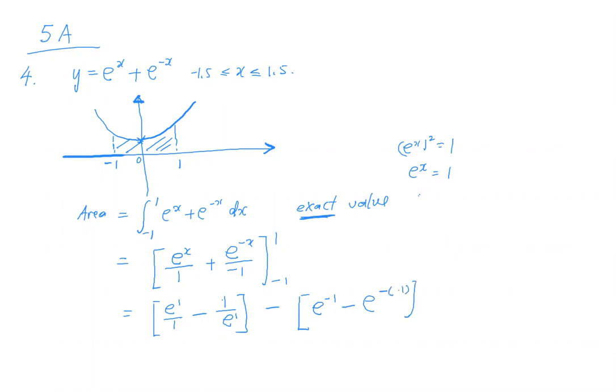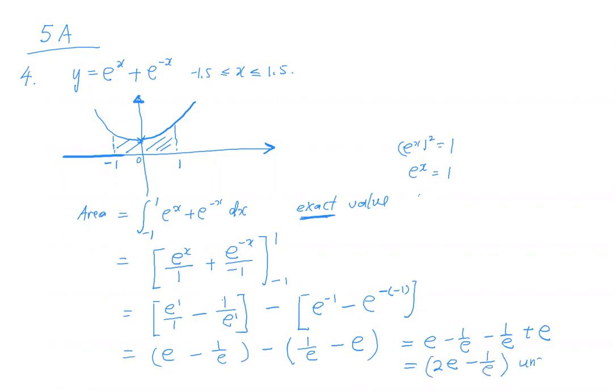So it will be e minus 1 over e, take away, e to the power -1 is 1 over e. Take away, minus become plus. So open up the bracket, I have 2e take away 1 over e. So this will be the exact value.